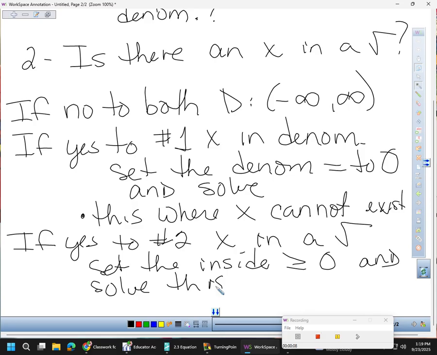This is your bounds, where it can be at. Okay? So, let's do one where we're finding the domain.